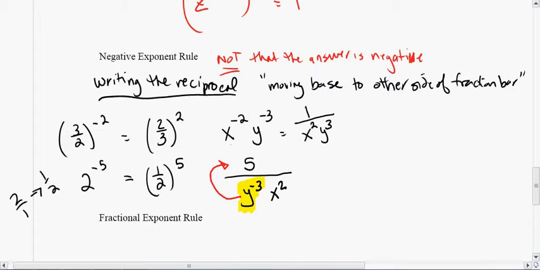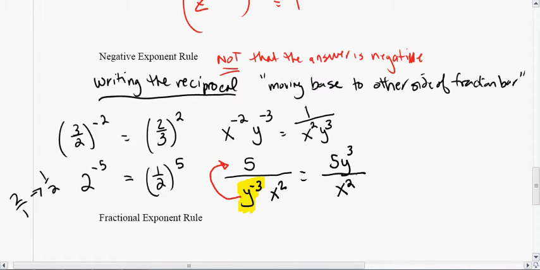So it doesn't just mean move things into the denominator. It means negative exponents move those variables to the other side of the fraction bar from wherever they started. So this is going to become 5, I'm going to move the y up top, so now it's y to the +3 over x squared.